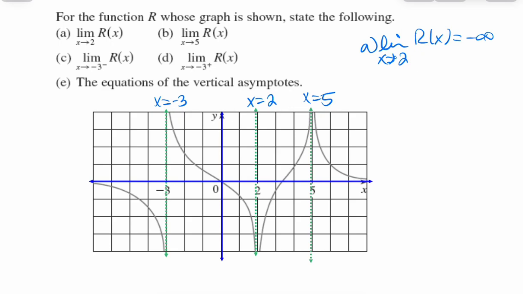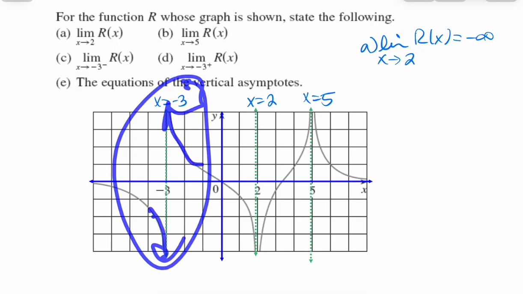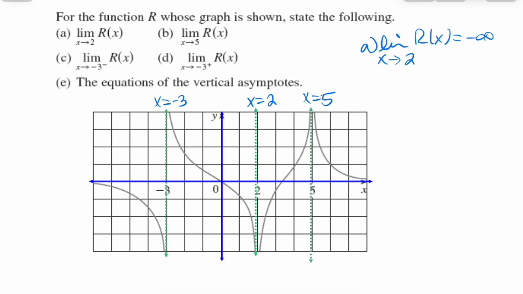Many times when you approach an asymptote, it may not exist because of the fact that you have 2 different heights. Example, look what's happening at -3. The left side's going to negative infinity, the right side's going to positive infinity, okay?